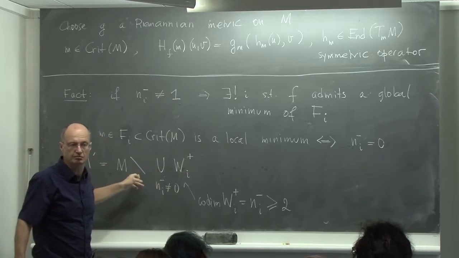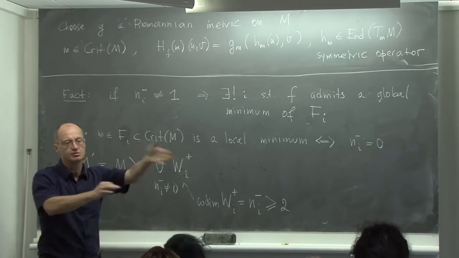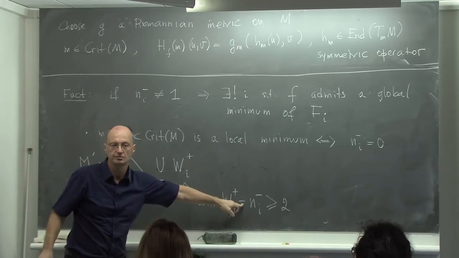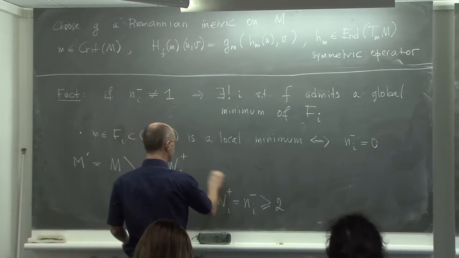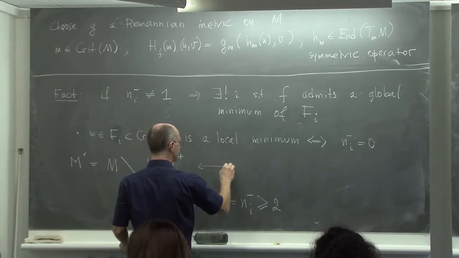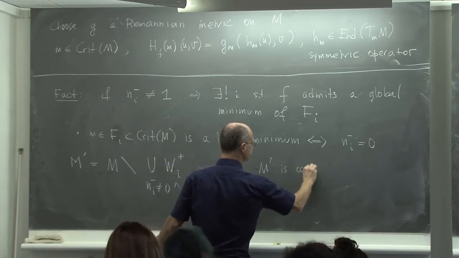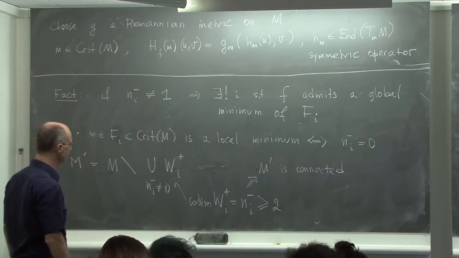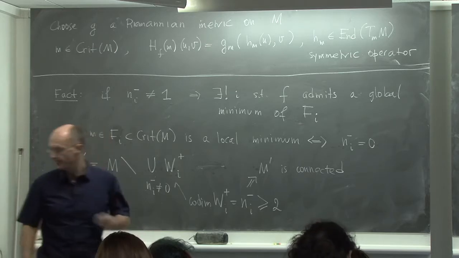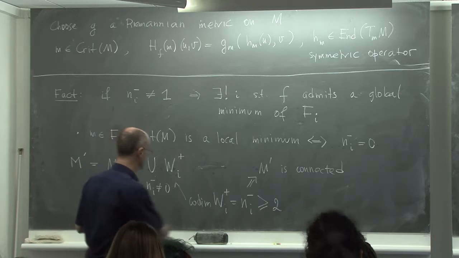Then it remains connected, because if you have a path from somewhere to somewhere, you can always make it generically not intersect those things of codimension at least 2 that you are taking away. So M prime is connected.